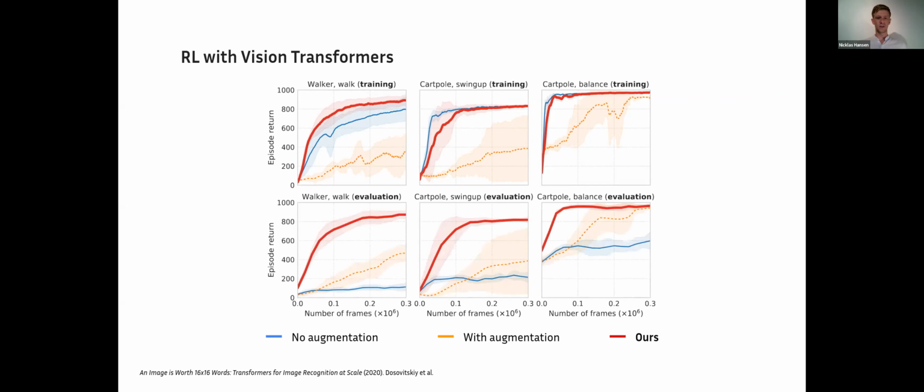And when we evaluate the generalization to unseen environments, we find that vision transformers overfit significantly without use of data augmentation. Our method greatly improves the generalization without decreasing the sample efficiency. And we therefore think it could be a key component in future research on more large-scale RL.